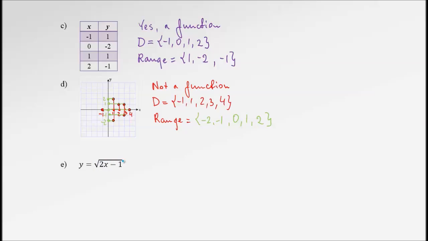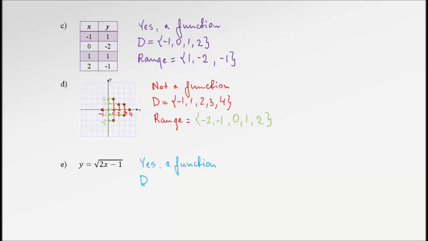Well, since this is a square root of something, no matter what the x is, we can always multiply by 2 and subtract 1 and then take the square root as long as this x was from the domain. That means as long as 2x minus 1 is bigger or equal to 0. So yes, this is a function.